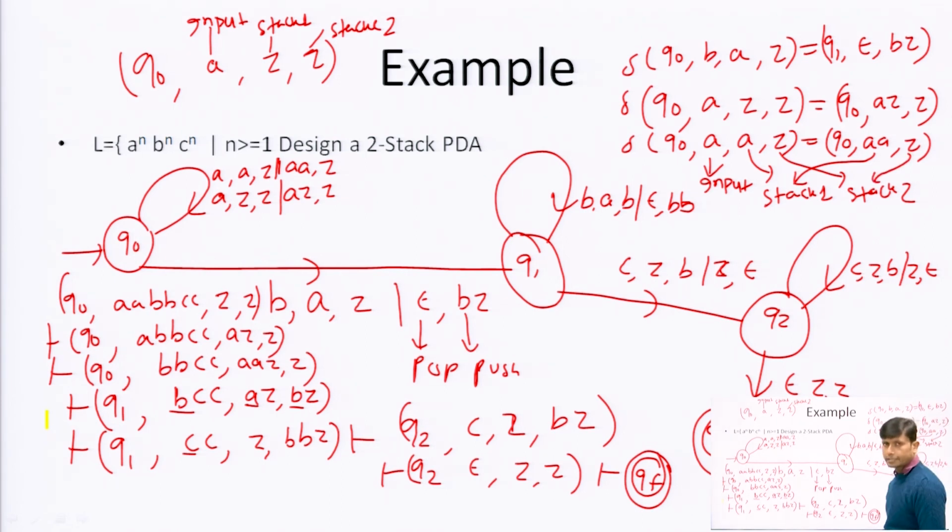So each transition should be like this in a two-stack pushdown automata.